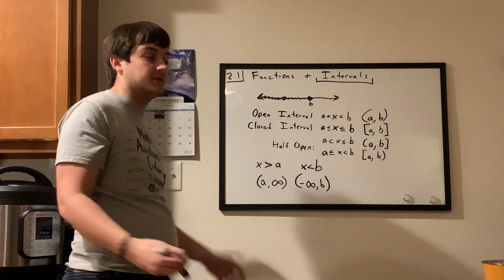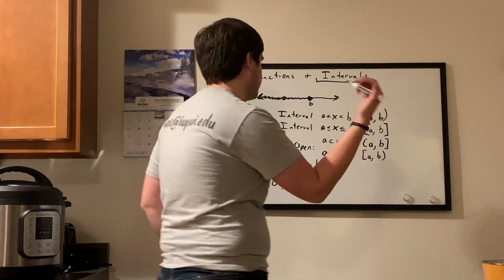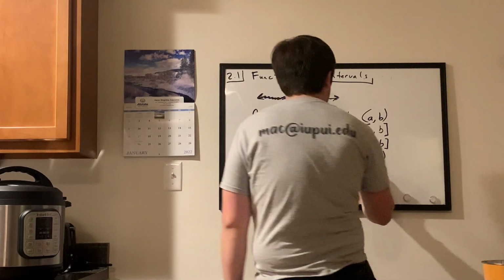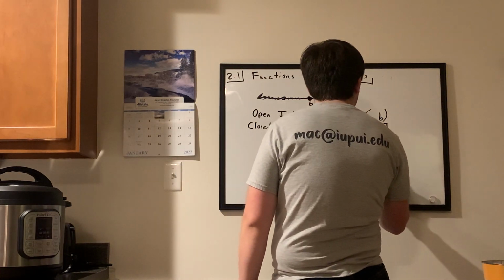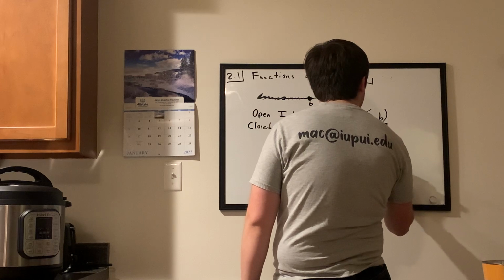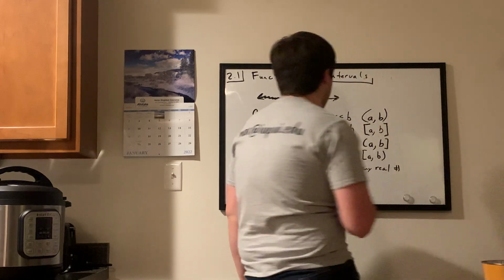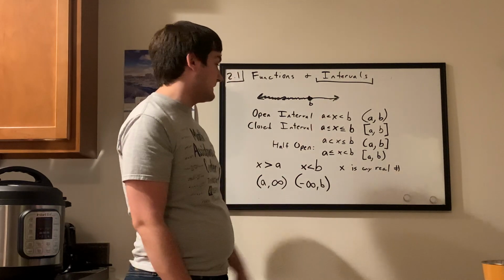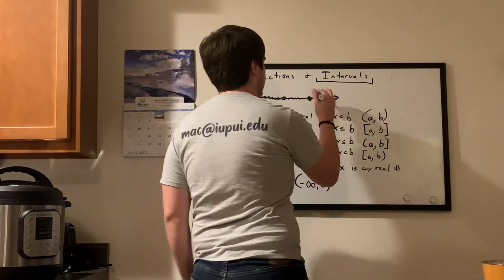Finally, one last interval is I just say, well, I don't need to restrict where x is. I just want x to be anything. I'll say x is any real number. Well, if x is any real number, then the interval notation in that case is everything.